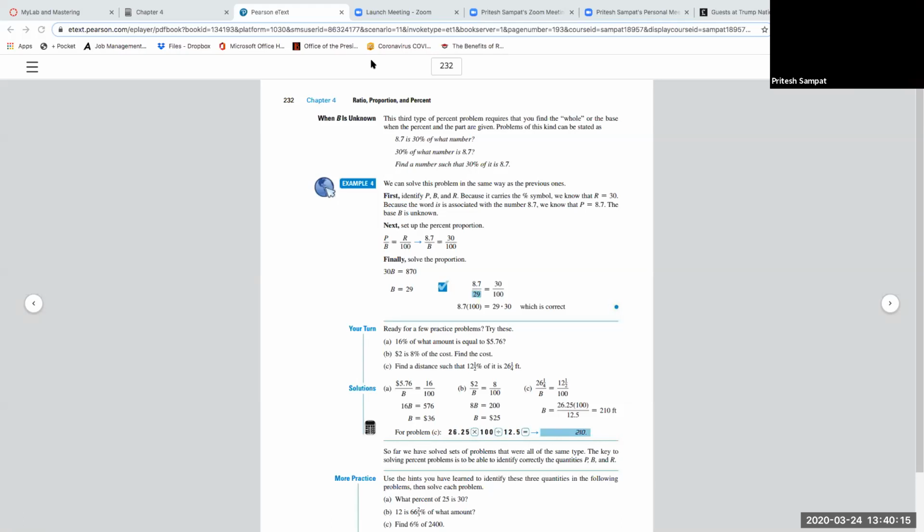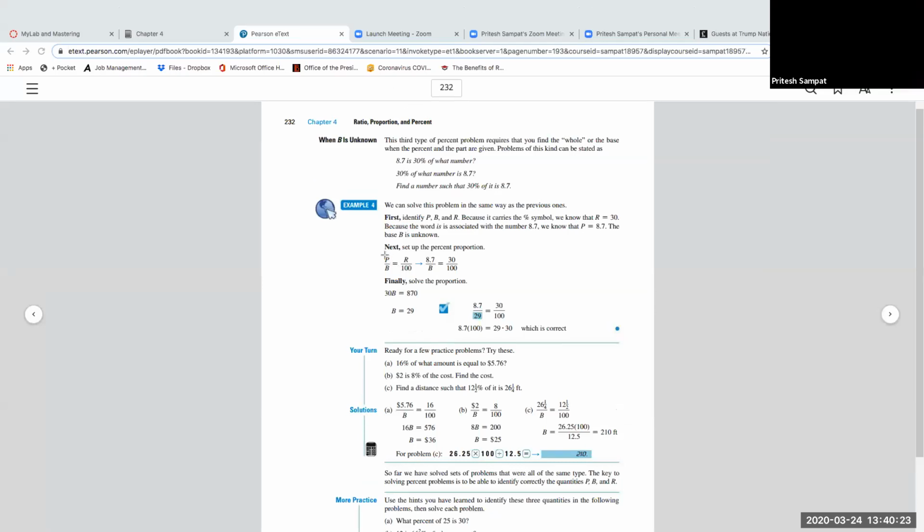remember when you have a proportion problem, you have two ratios that are equal to each other. And by equal, I mean that your portion of the full amount is equal to the percentage of the total amount. And when I'm talking about the total amount, your base is the total amount of whatever you're measuring.